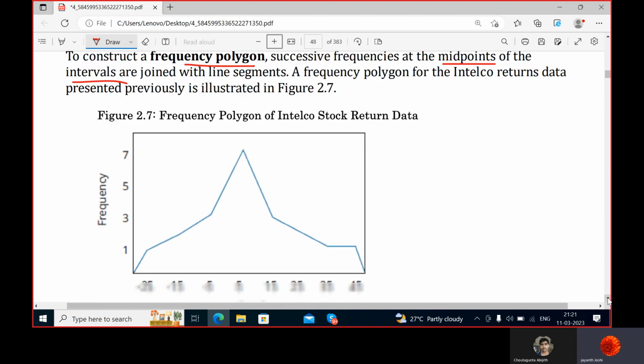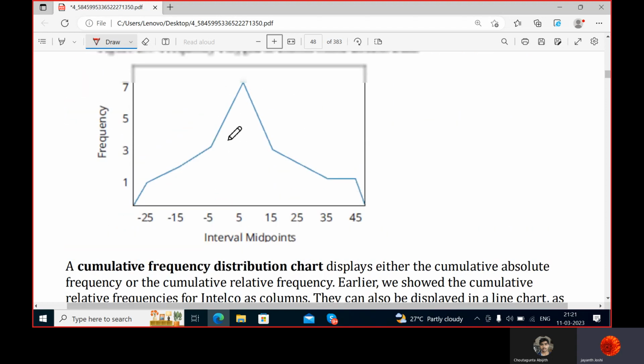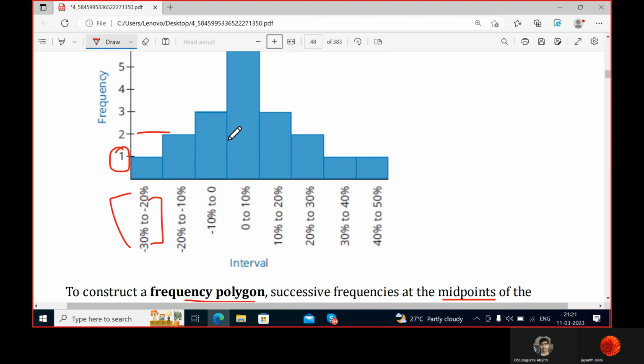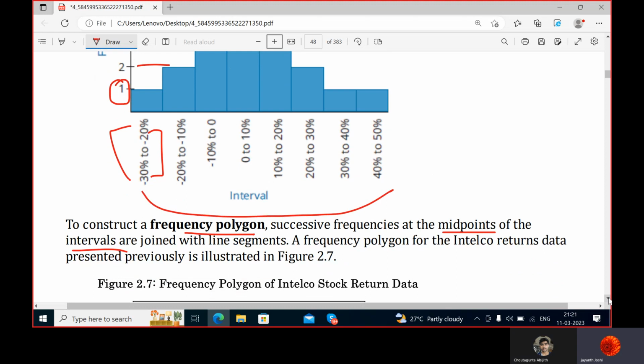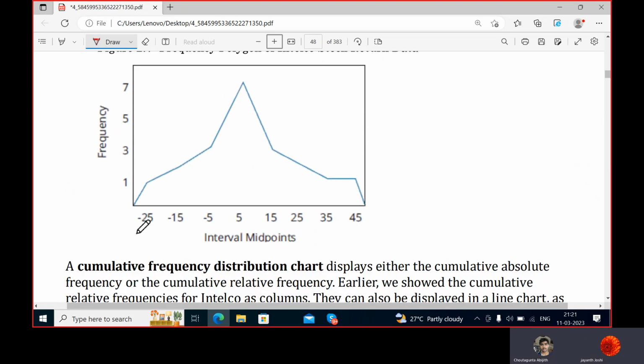So the midpoint of minus 30 and minus 20 would be minus 25. Find out the midpoints of all these, Abhijit, put them here, make the points exactly and join the points with lines. Understood, sir.